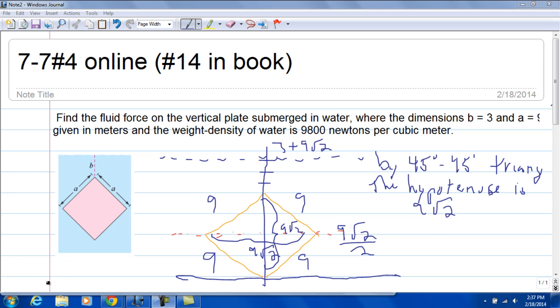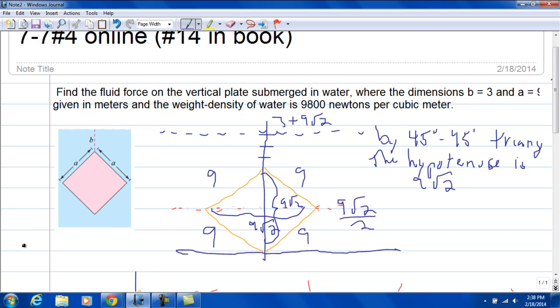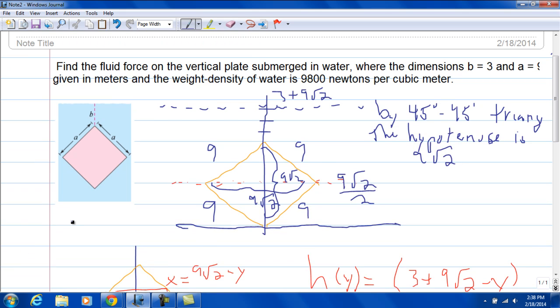So here's the shape the picture comes with. I redrew this, and what we basically have is a square. All the sides are the same, so I'm assuming all the angles are going to be the same. And what we have is a 45 degree triangle on each side.